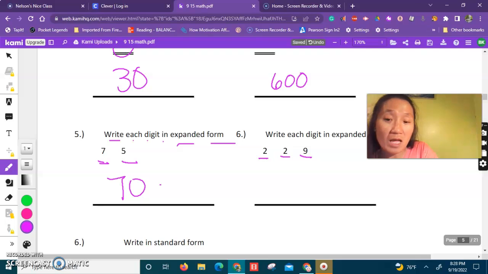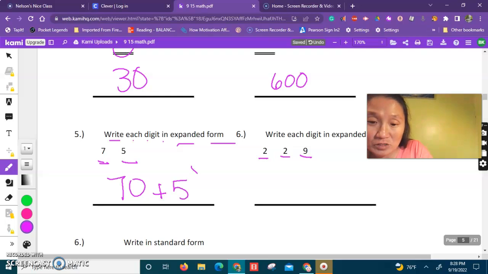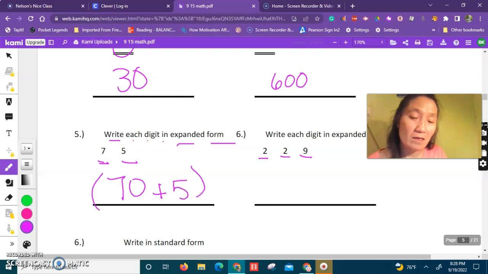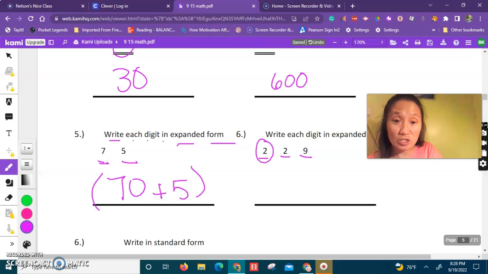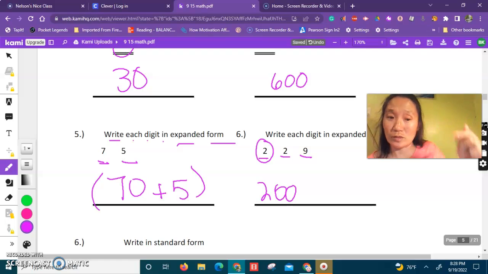Plus, I have 5 pieces of paper, each worth 1. 1, 2, 3, 4, 5. It's worth 5. Make sure you put the parentheses. The first 2 on the very left-hand side is worth 200 because it's sitting in the hundreds place. 2 times 100 is 200.